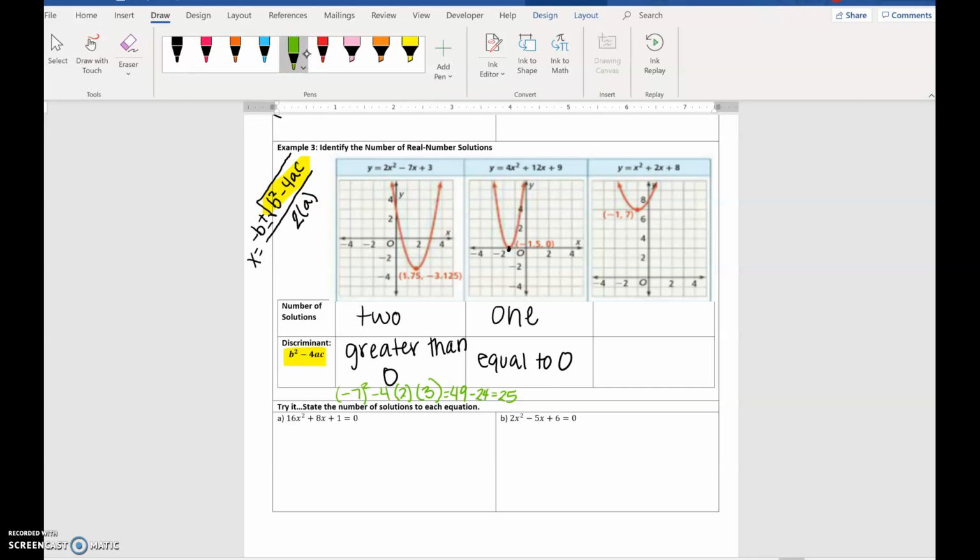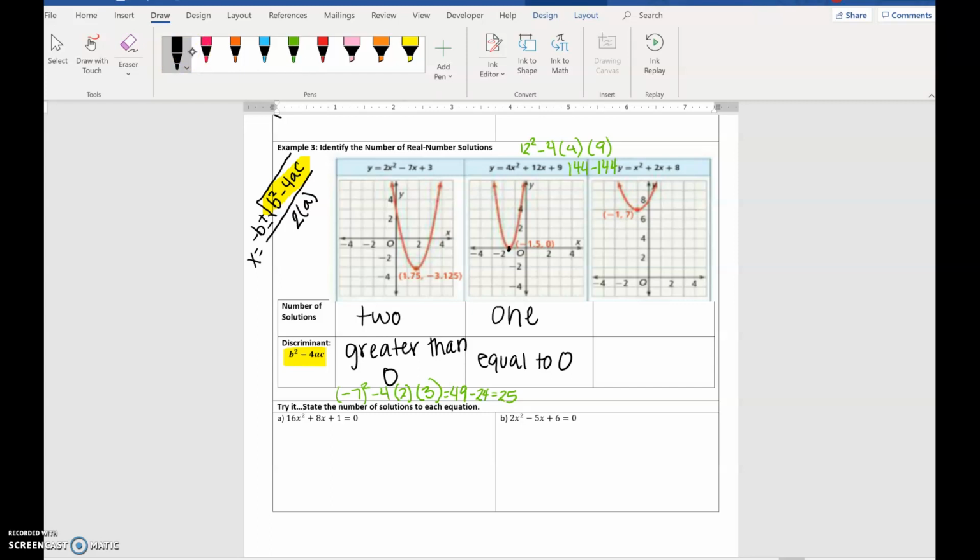We have b squared, which would be 12 squared, minus 4 times our a, which is 4, times our c, which is 9. And so this would actually become 144 minus 144, which is just 0. So it comes down, touches, goes back up, or it goes up, touches, goes back down, if it was an upside down U.